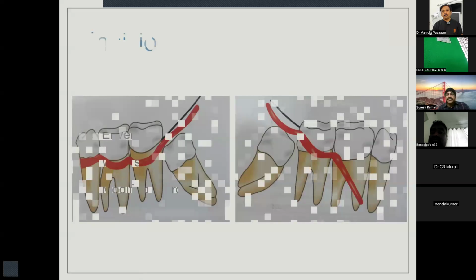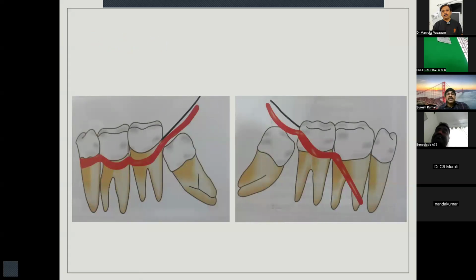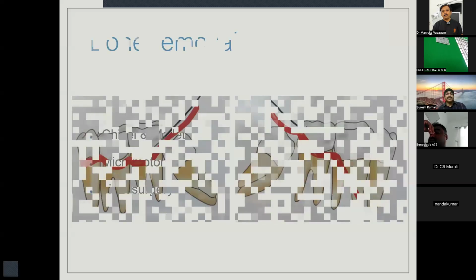Generally the envelope incision we discussed first is more than enough to do all the cases, but if you are a general practitioner or beginner, I would recommend a vertical releasing incision so that holding the flap, visibility, removal of the tooth, everything is easier if you make a Ward's incision or a modified Ward's incision depending upon the severity of the case.